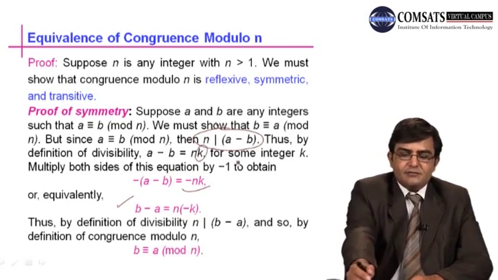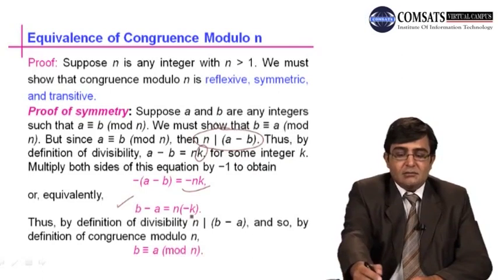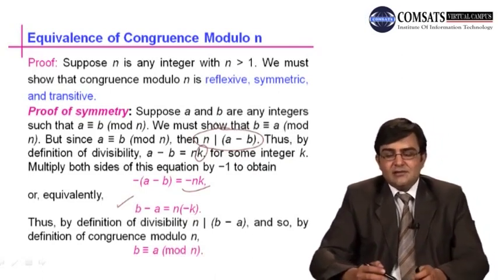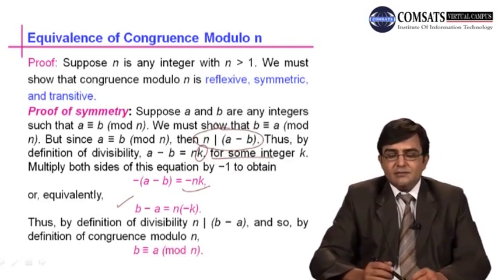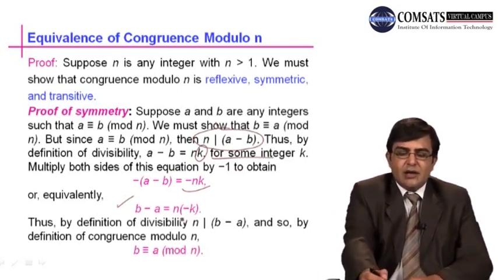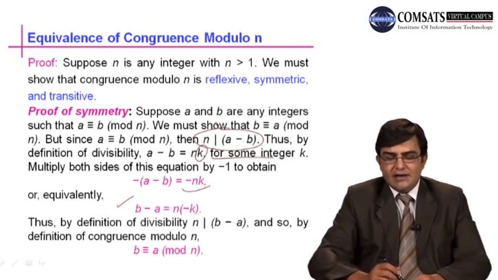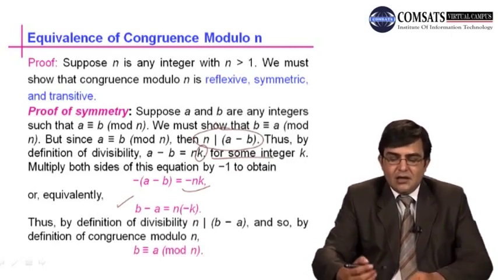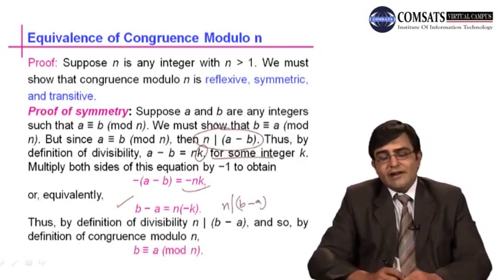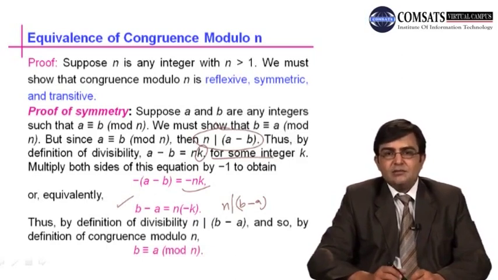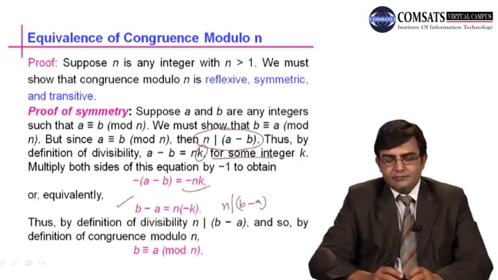Here n is some integer, k is some integer, then minus k is also an integer. So b minus a is equal to n into minus k. We can write it as this, which means that n divides b minus a. If n divides b minus a, then b is congruent to a mod n.